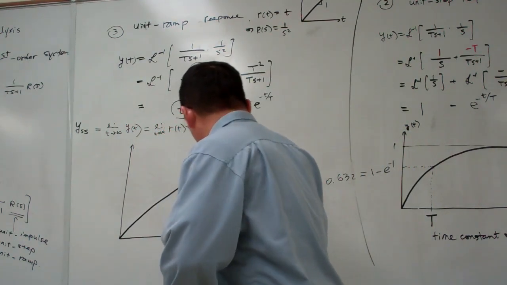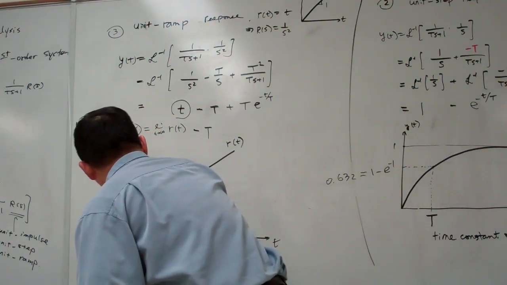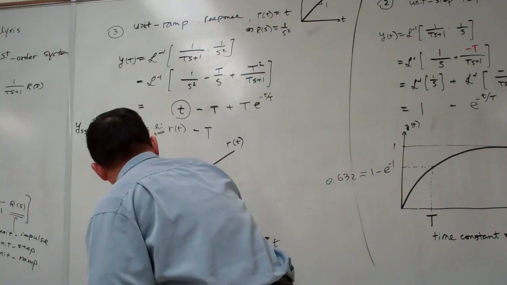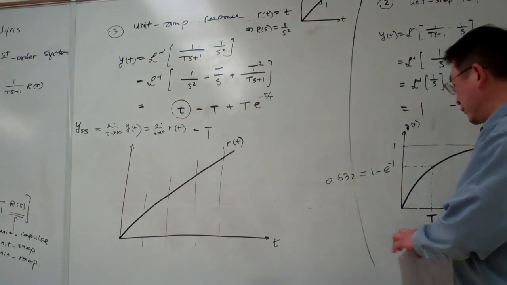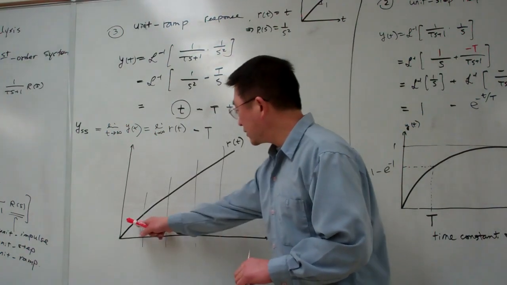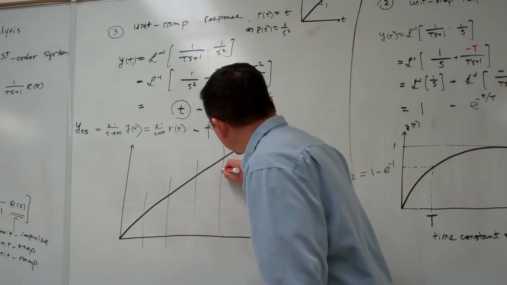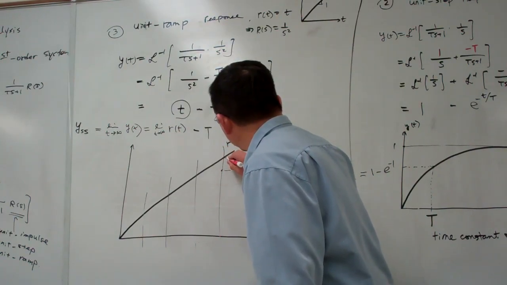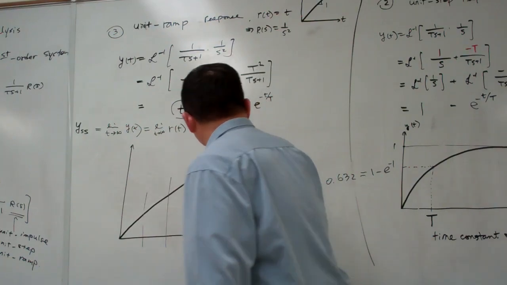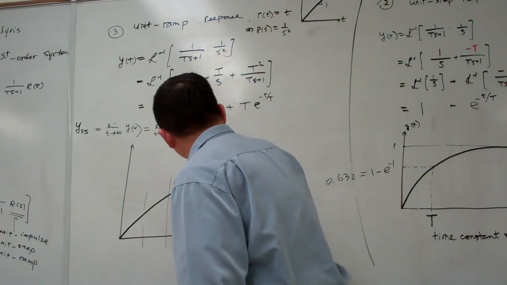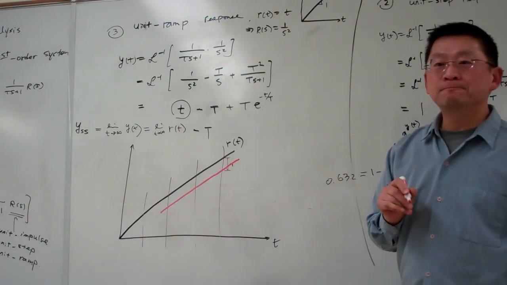At this time moment, let me trace a few lines here. Right now, I don't care about the transient first. Eventually, that is the value here, and that is T behind. So eventually, the response is something like this. That is the steady state.